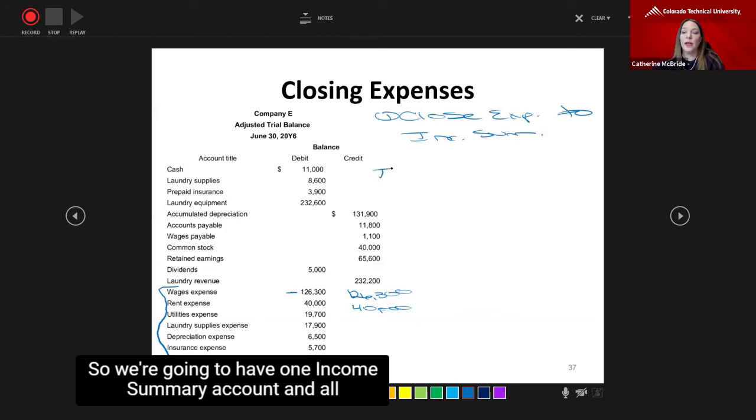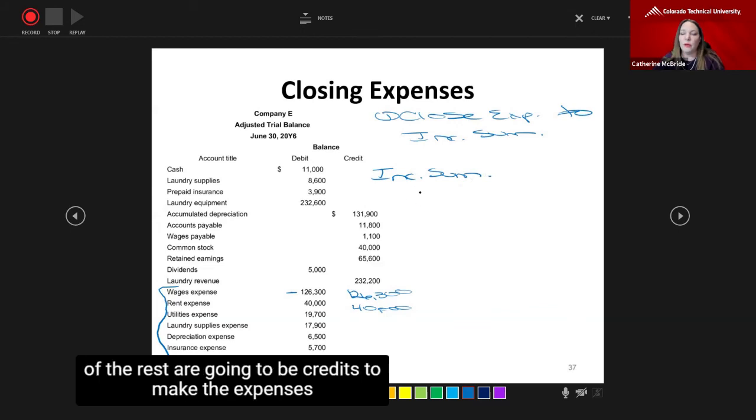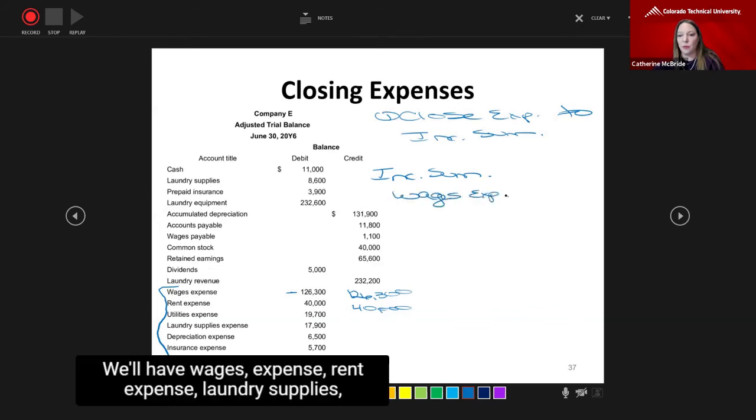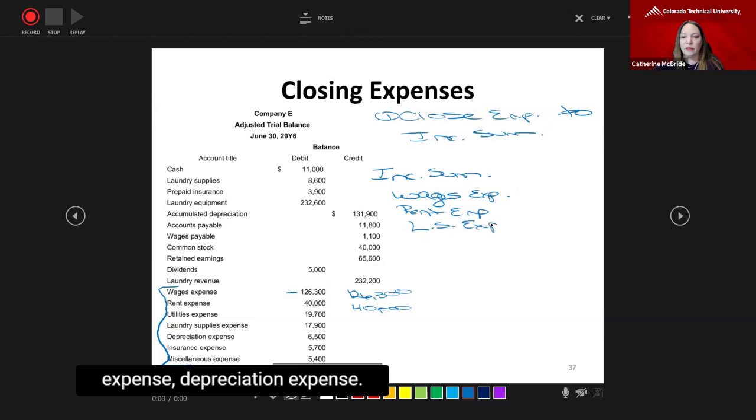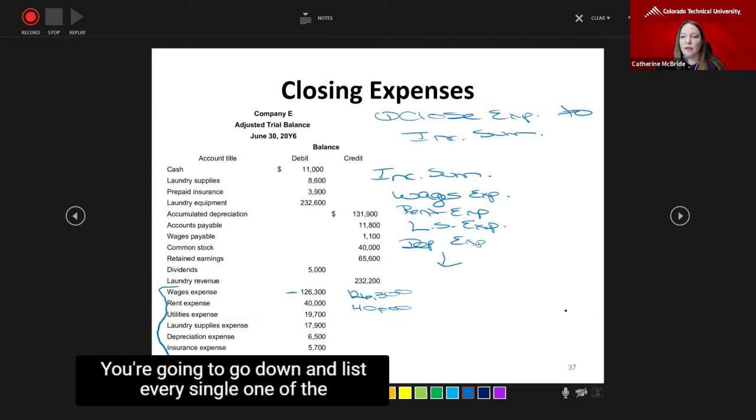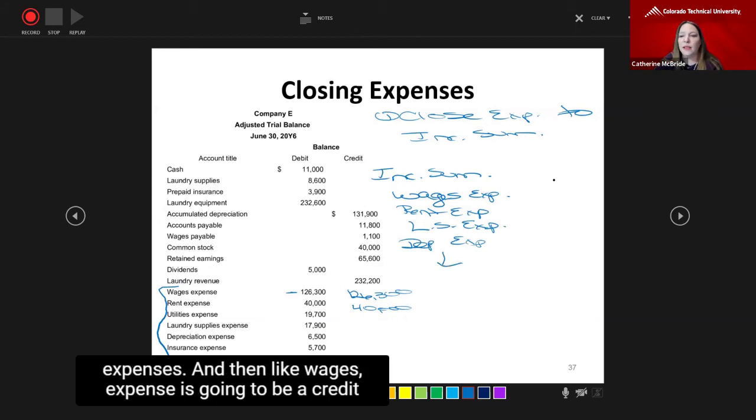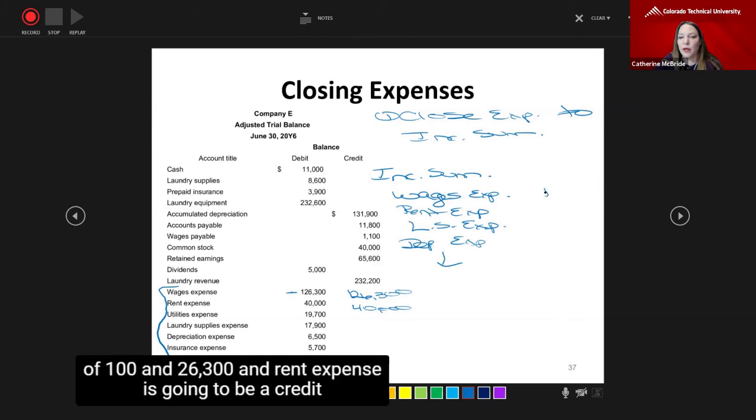We're going to have one income summary account, and all of the rest are going to be credits to make the expenses zero. You're going to have a lot of accounts here. We'll have wages expense, rent expense, laundry supplies expense, depreciation expense. You're going to go down and list every single one of the expenses. And wages expense is going to be a credit of $126,300.